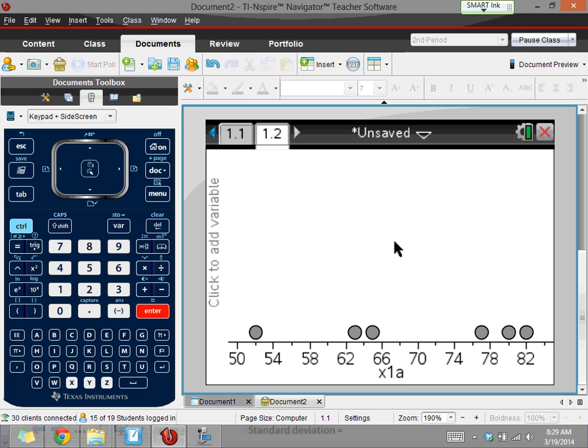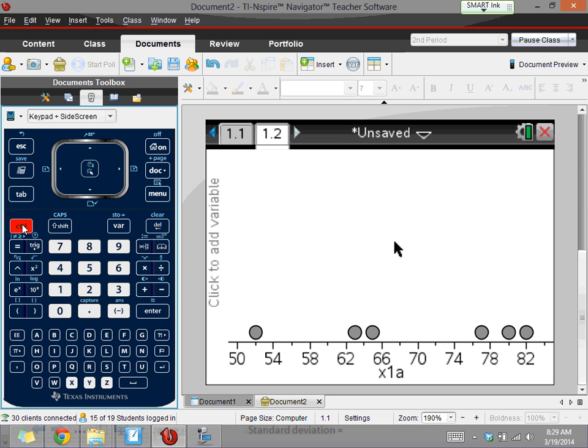Doc insert, data and statistics. Tab enter, that's it. Why did we only tab enter one time? There's no Y column.